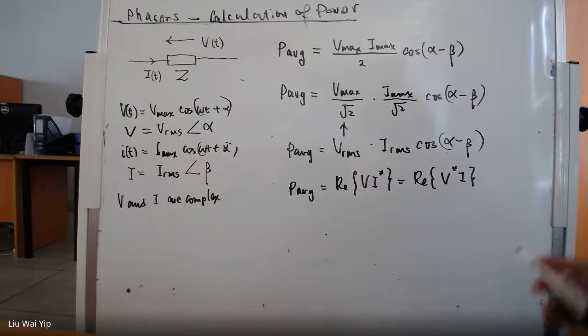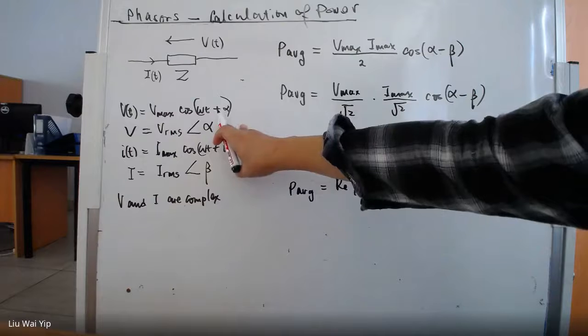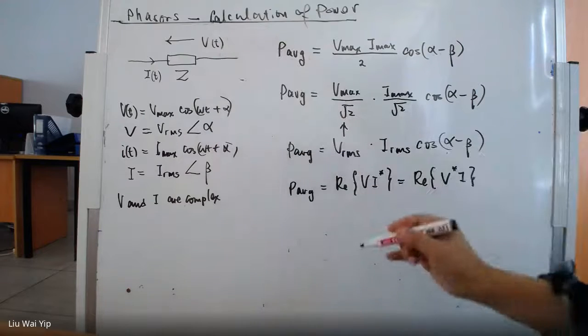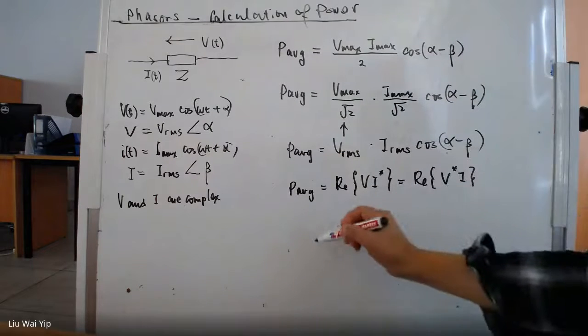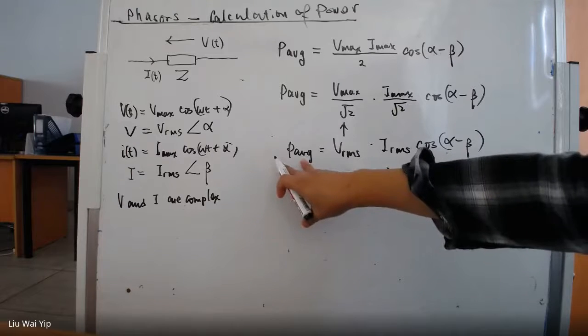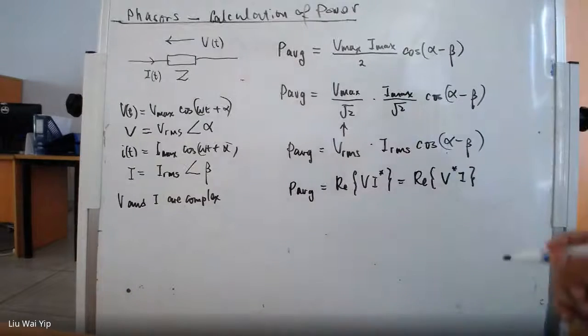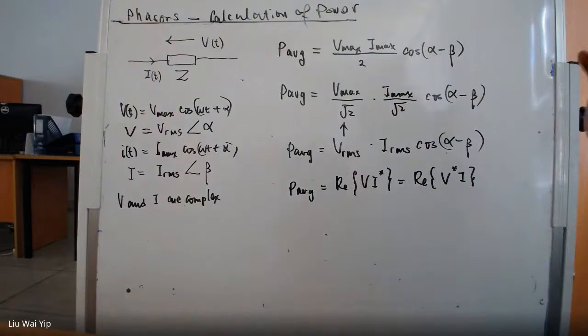But then we also want to see if we can end up with a formula for power which involves Z. That's not difficult.